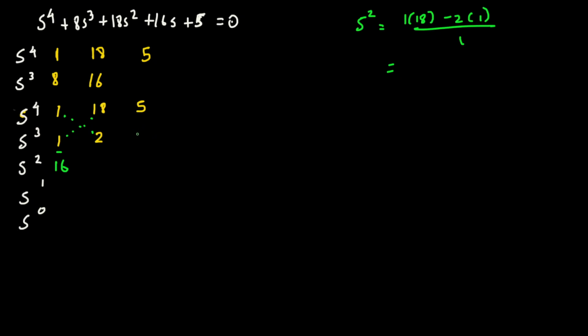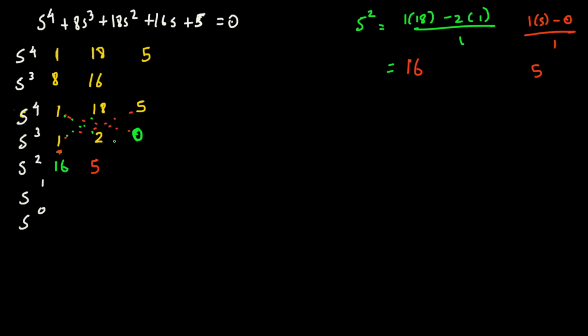Here we don't have anything, so we assume this is 0. We do 1 times 5 minus 1 times 0, which is 0, divided by 1, which gives 5. So we put the 5 right here.